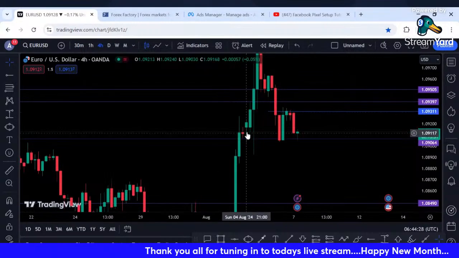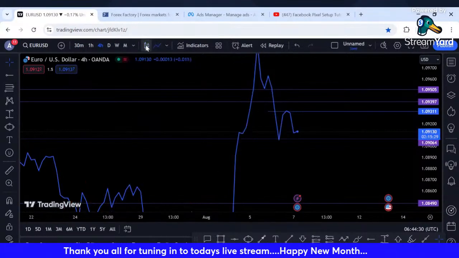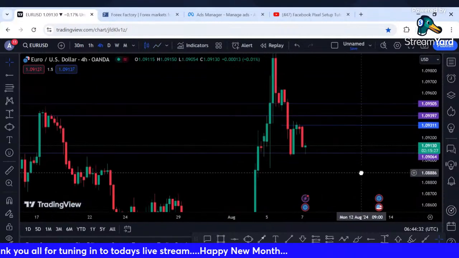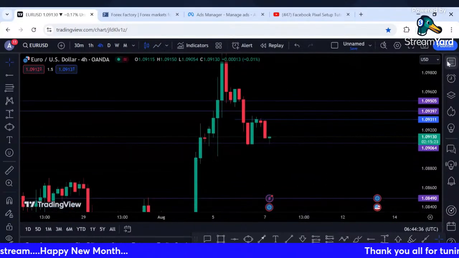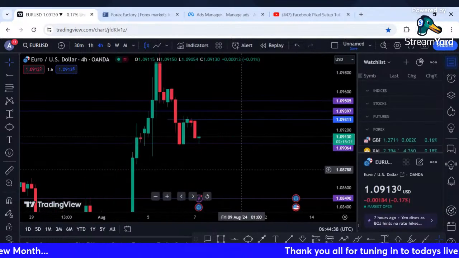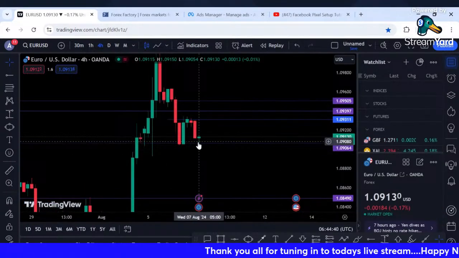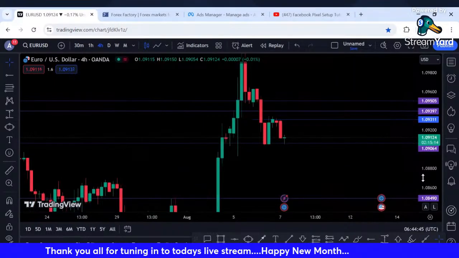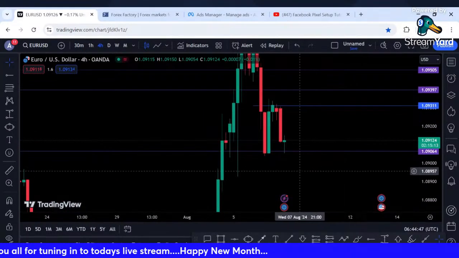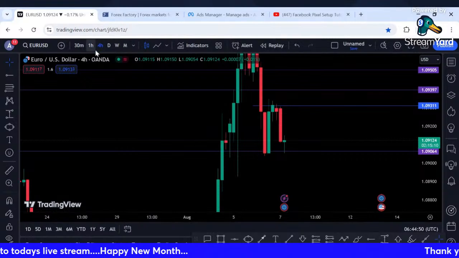It might move up because this is a strong area, and daily is an uptrend.